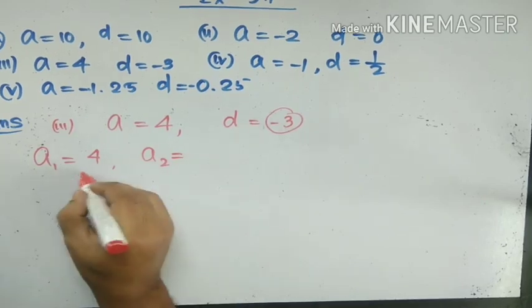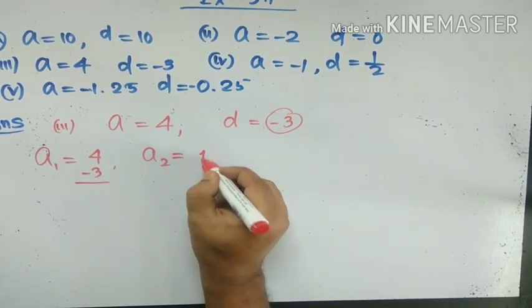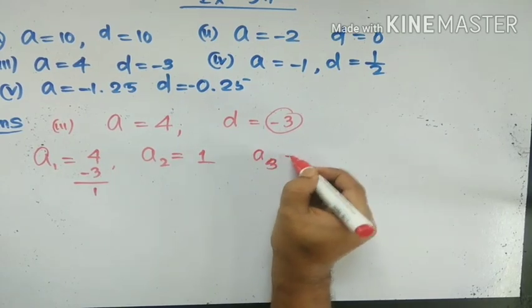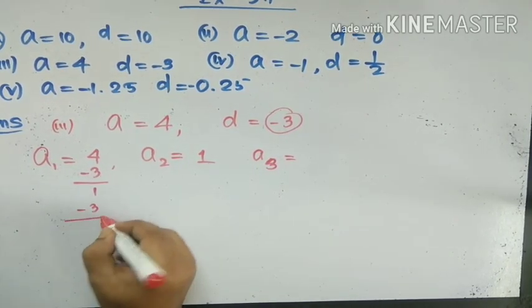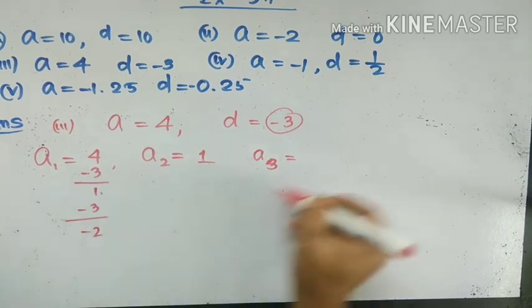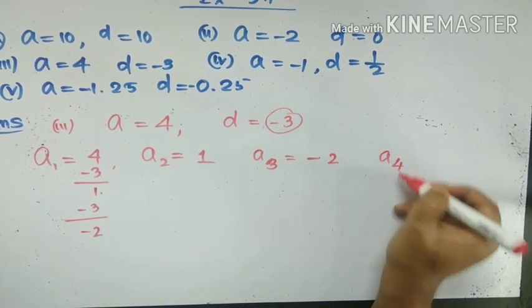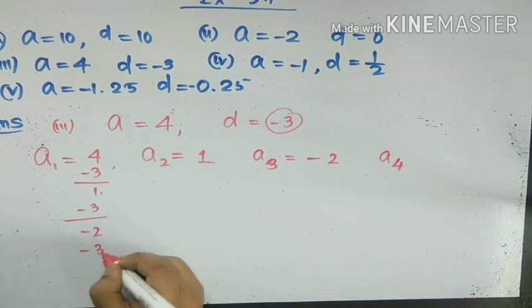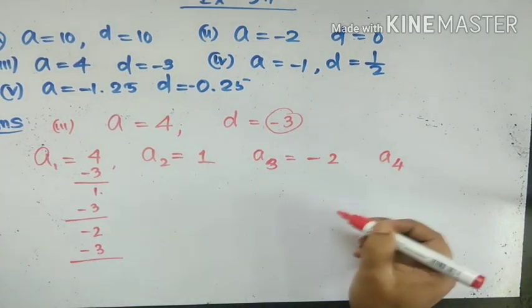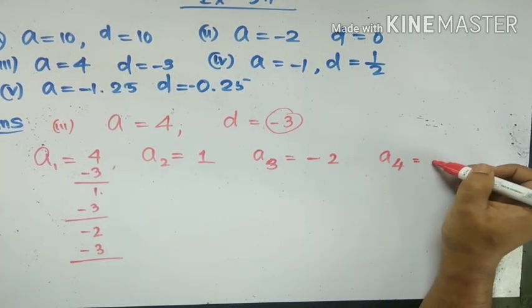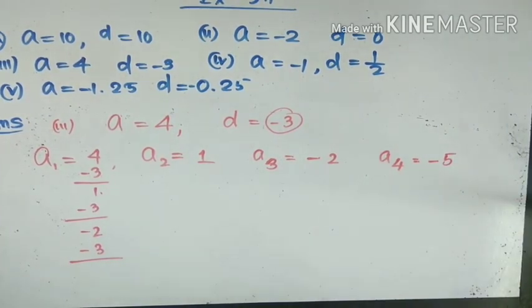That means 4 minus 3, that means it will be 1. Next, A3 will be, again it will decrease by 3, so 1 minus 3 means that will be minus 2. Similarly A4 will be, again it will decrease by 3, so next will be minus 2 minus 3, that means it will be minus 5.